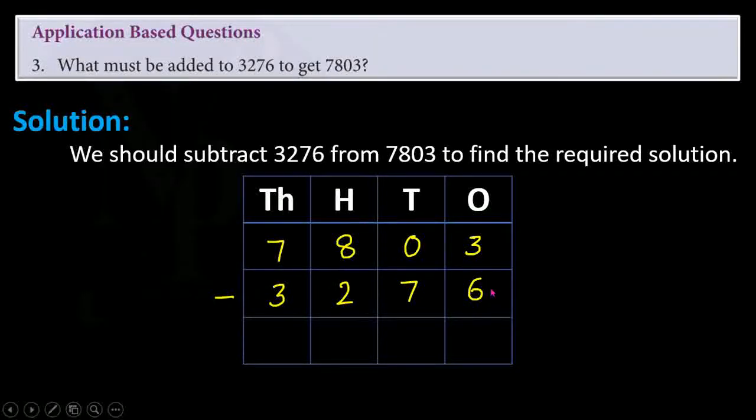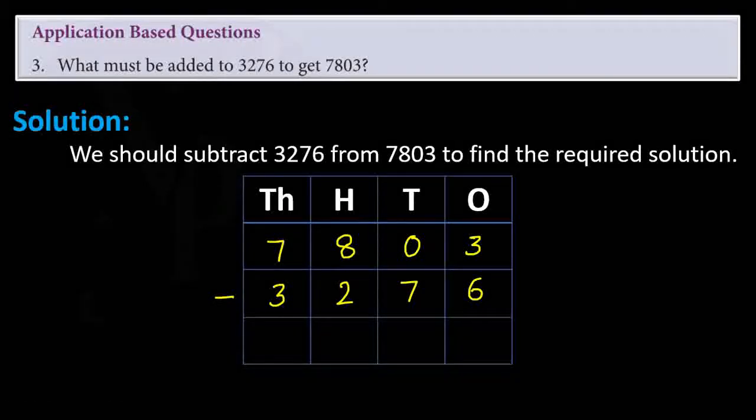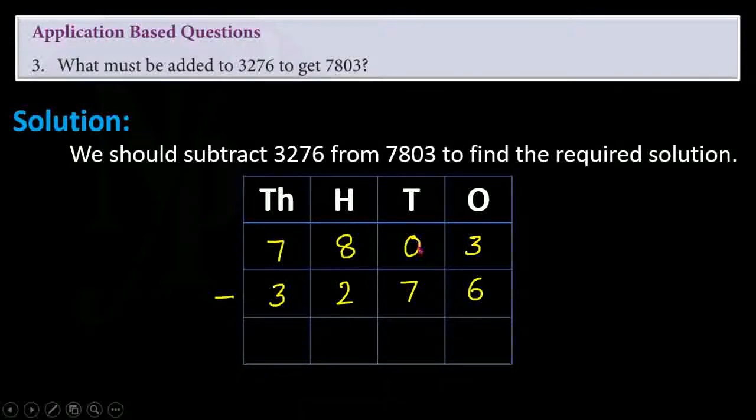So for subtraction, first we need to subtract the digits at ones place. That is 6 should be subtracted from 3, which is not possible. So in such case we need to regroup the given digits for subtraction. So in tens place we have 0. So we cannot borrow from 0.